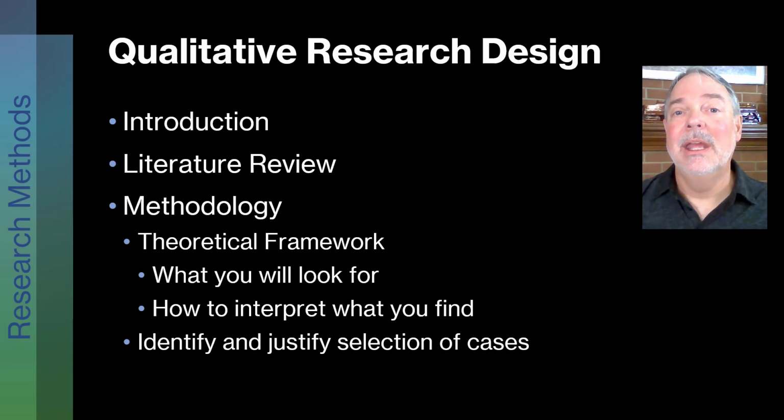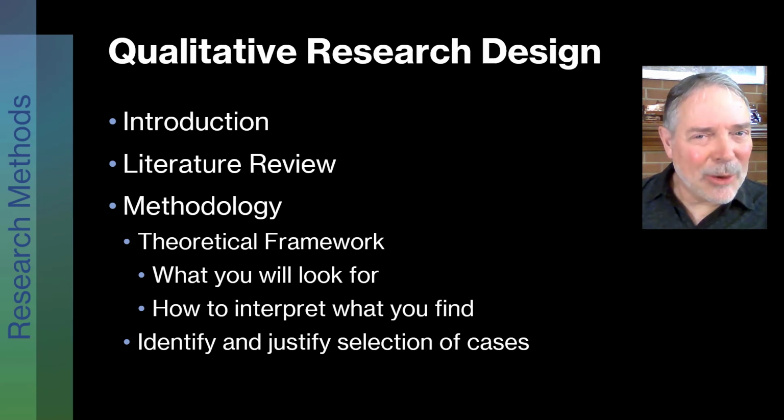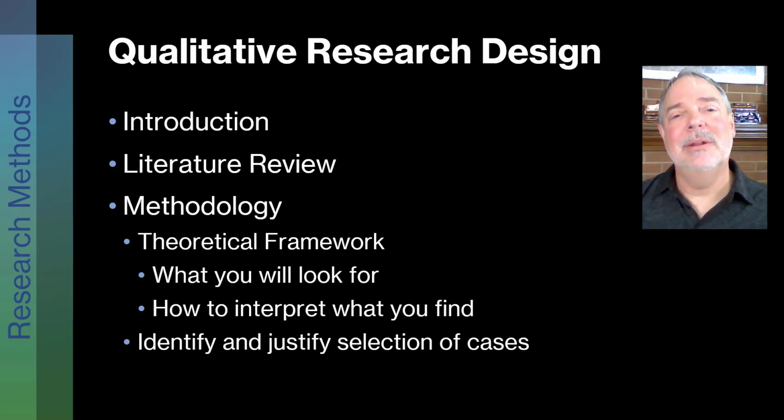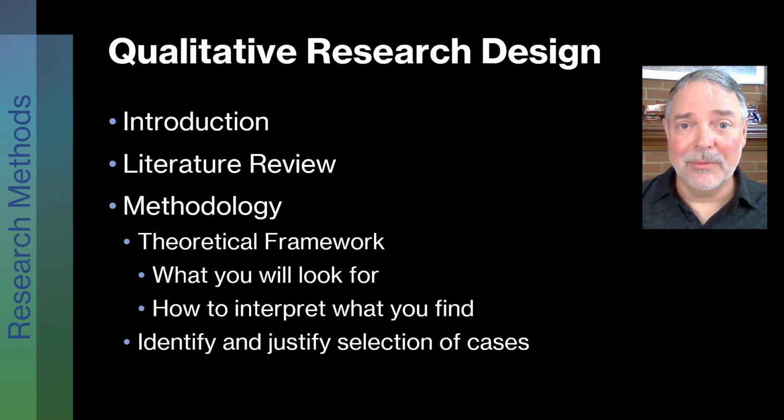What are the independent or explanatory variables or conditions, or, it's not quite exactly a variable, right? But what are we thinking is causal? What are the causal mechanisms in the world that are producing this outcome that you're studying, your dependent variable? Well, we want a theoretical framework for that.